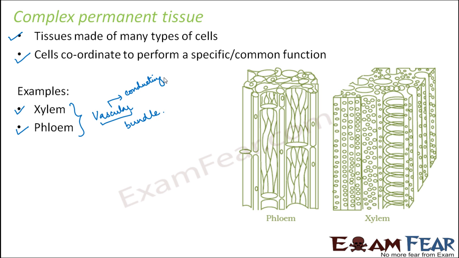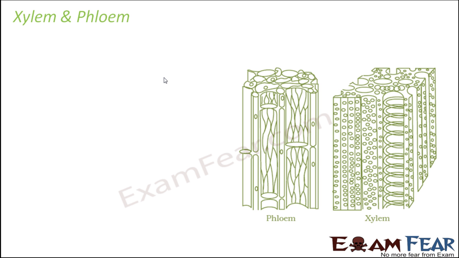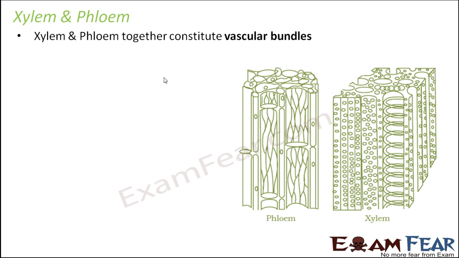So these structures might be confusing you, that they look so complicated, correct? But once we talk about each of them, we will talk about the different types of cells which compose xylem and phloem. So let us talk about xylem and phloem collectively first. As I mentioned before, xylem and phloem together constitute the vascular bundles, and the term vascular means something with vessels to conduct.